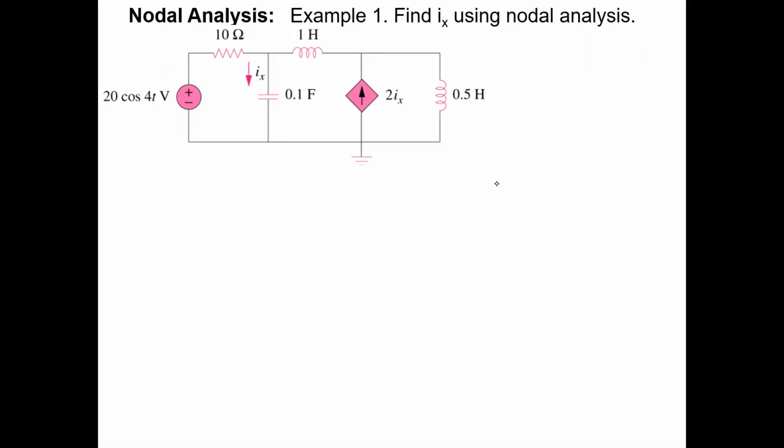So the first step is, what is the phasor form of this source? In the phasor domain, this source is going to be called what? 20 angle 0 degrees.